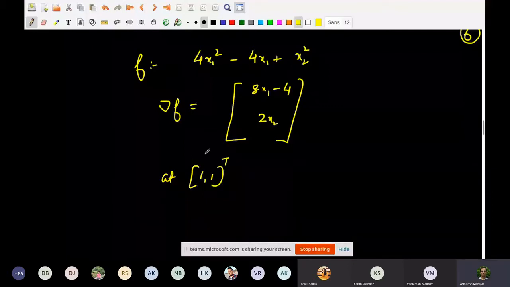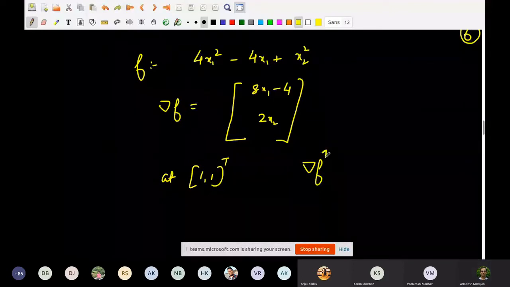In our course, all vectors, x and gradient, are column vectors, so we will try to write them as column vectors as far as possible. So this gradient of f at x1, this might be confusing, so I will just write it as 1.